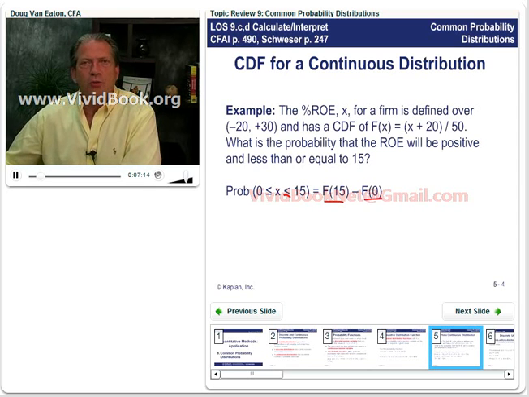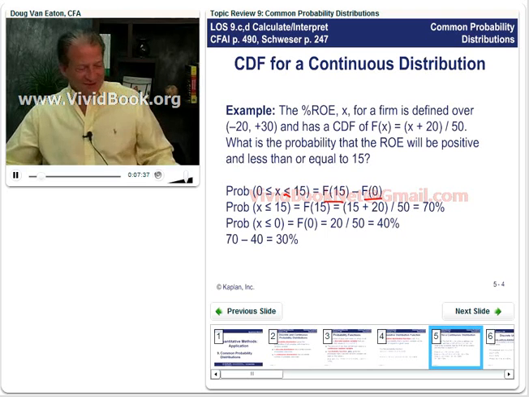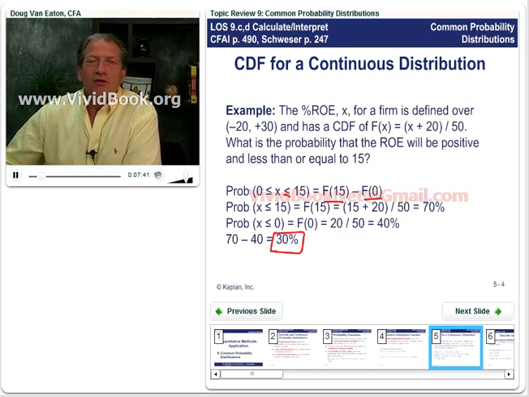First we plug in 15 to the formula and get 35 over 50, or 70%. Then we plug in 0 and get 20 over 50, or 40%. So 40% of our outcomes are going to be negative, less than or equal to 0. Then we take that difference and find that in the range that I drew, just laughing at my own artwork here, the probability is 30%.